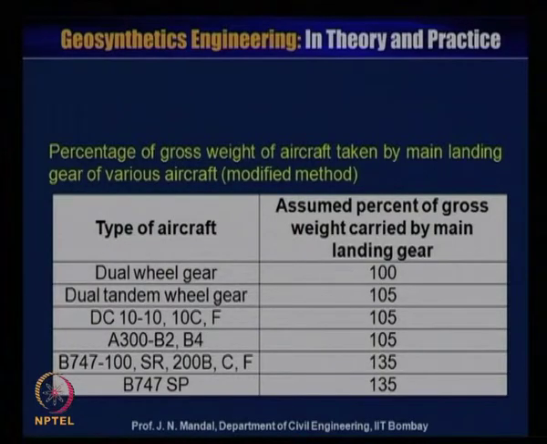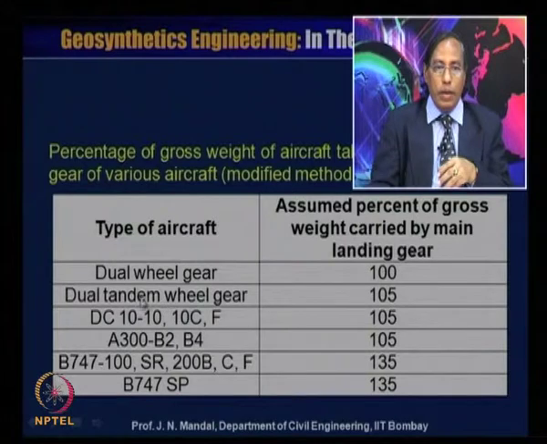You can see here the type of aircraft: dual wheel gear, dual tandem wheel gear, DC 10-10, 10CF, A300 B2, B4, B747-100, SR, 200 BCF and B747 SP.